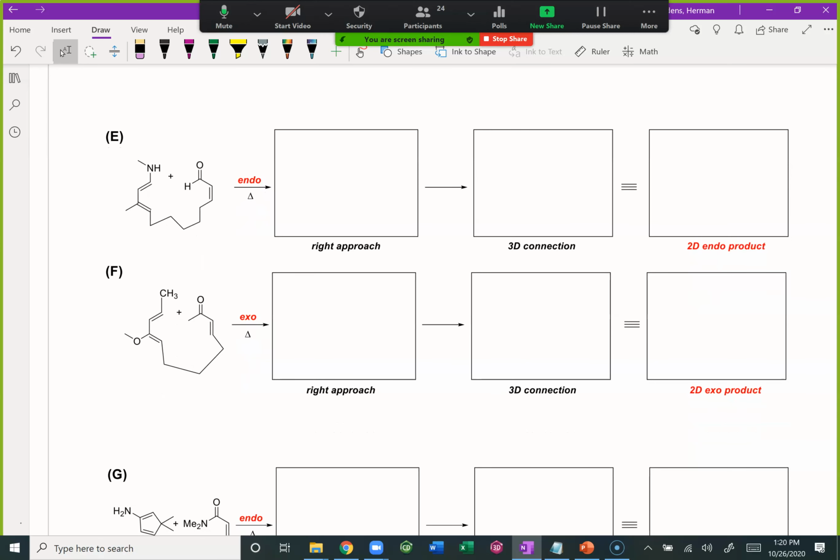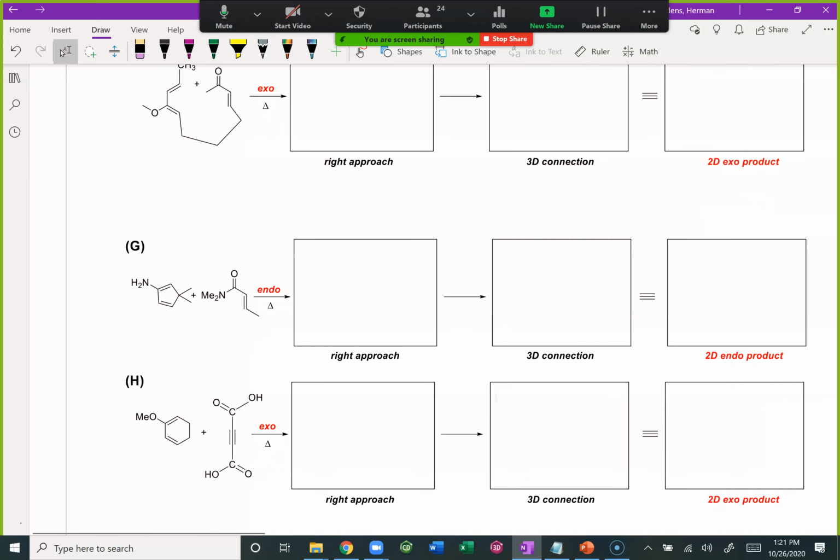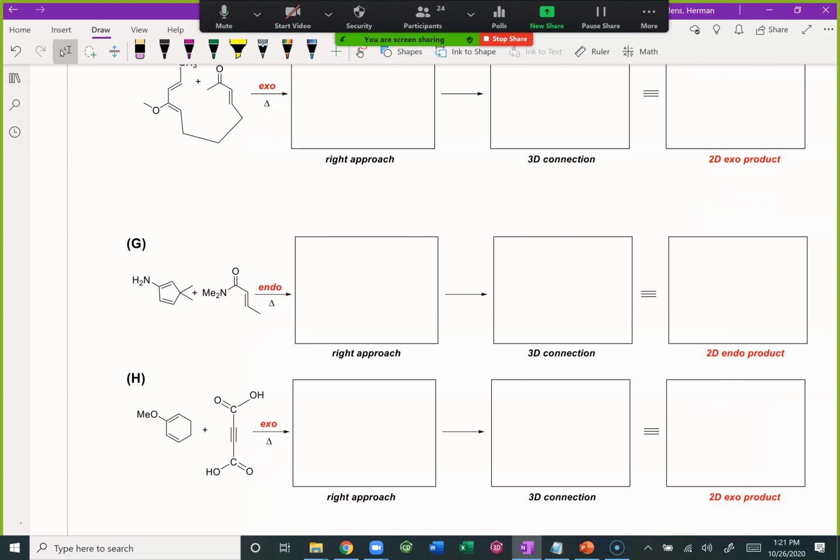So I'm going to show you how we can predict these cyclic molecules. E and F will make 2 rings, and G and H will also make 2 rings. So these will be bicyclic molecules.